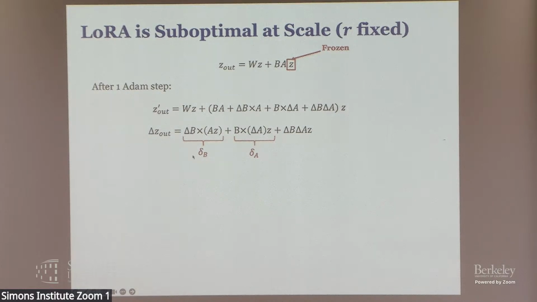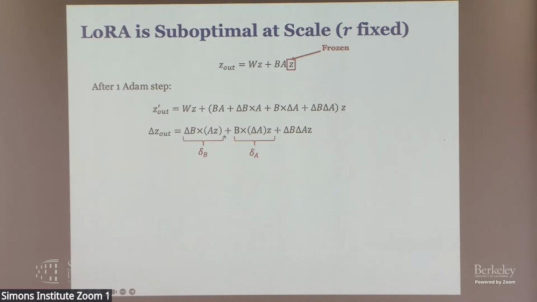I'm going to call this one here delta B, and this one here delta A. If you look closely, this one captures the contribution of updating B in the feature update. Here A is from the previous step, and we have delta B. And here we have B, we don't update B, and we have delta A from the Adam step.